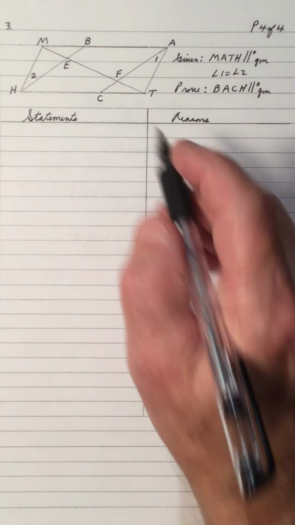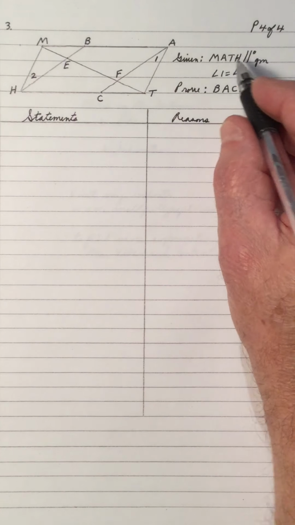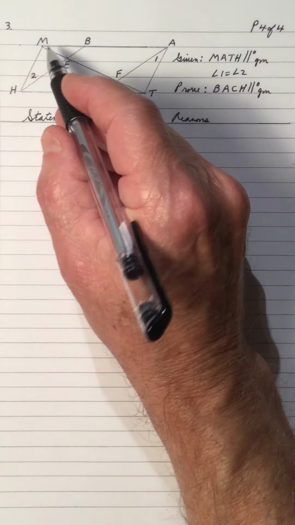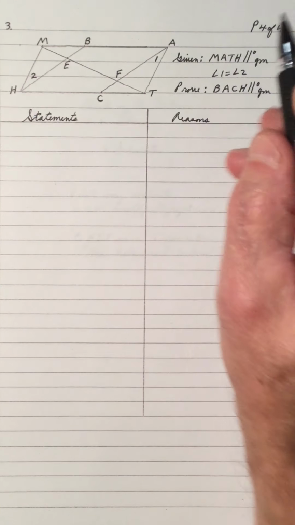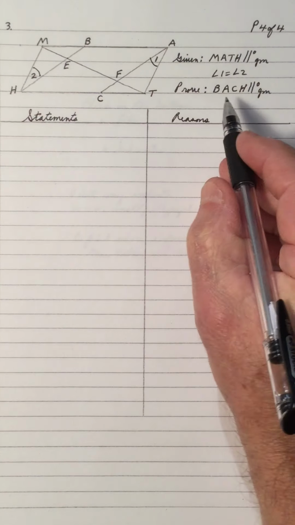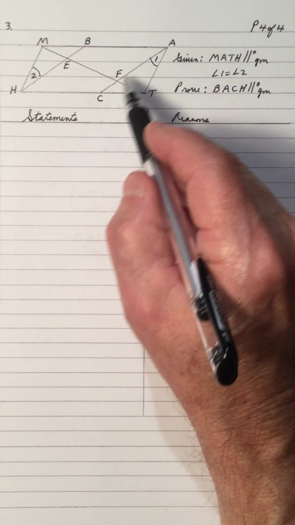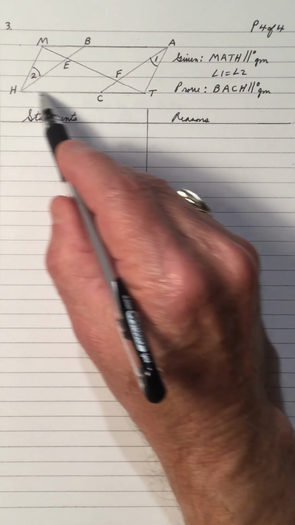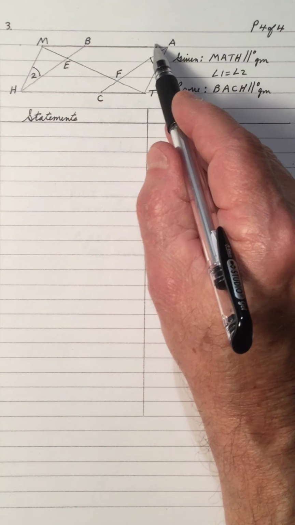Notice the diagram, many triangles, and notice I'm given that MATH is a parallelogram. Angle 1 is equal to angle 2. I want to prove that BACH is a parallelogram. So this is the parallelogram given, and you have to prove that this one is a parallelogram.